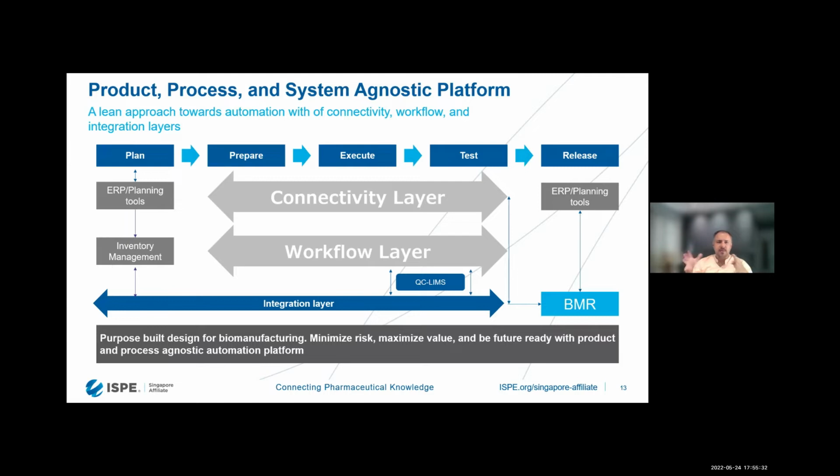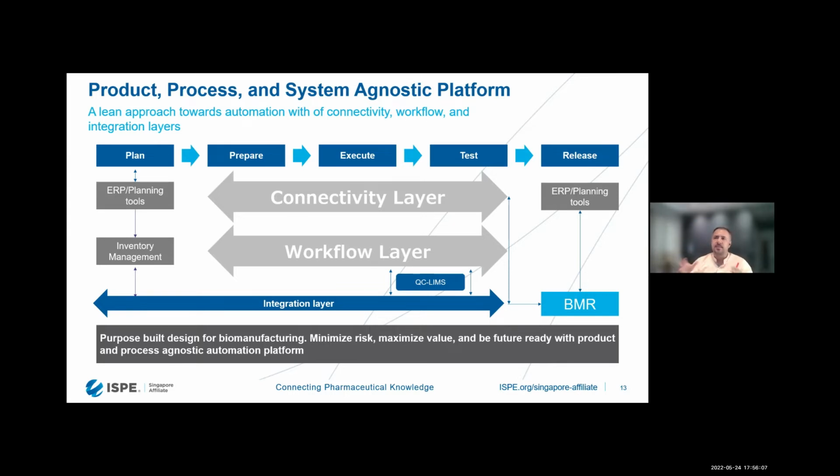In terms of planning, there are different ERP tools and a lot of planning tools, and you also plan your inventory well, because these days there are a lot of challenges around the supply chain. And then come the prepare, execute, and test layers. This is the layer which finds a lot of relevance in terms of the critical challenges that you just mentioned.